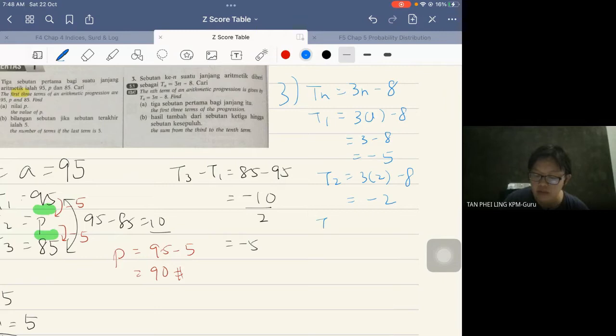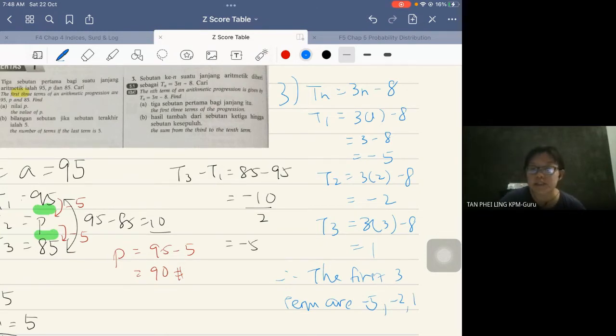Then T3 will be 3 times 3 minus 8, which gives you 1. Hence, you must answer the first three terms are -5, -2, 1. Is it clear? That is how you answer questions.